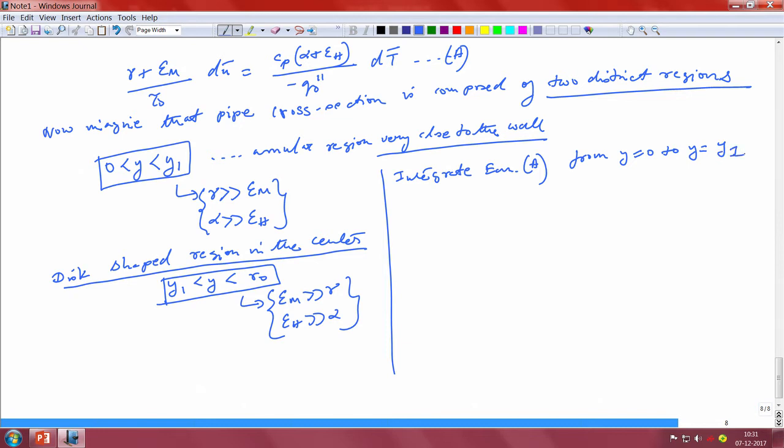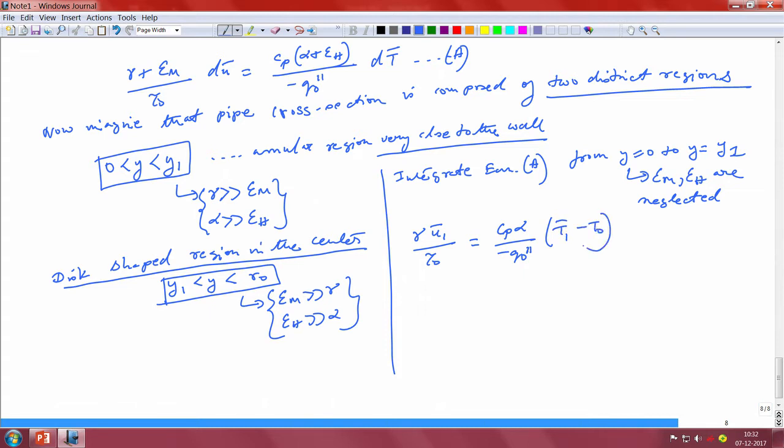In this integration we are neglecting both alpha h as well as epsilon h and epsilon m. Both of these two terms are basically neglected. So, if we do that, then what we will get is gamma u1 bar divided by tau naught is equal to Cp alpha divided by minus q naught double prime, T1 bar minus T naught.